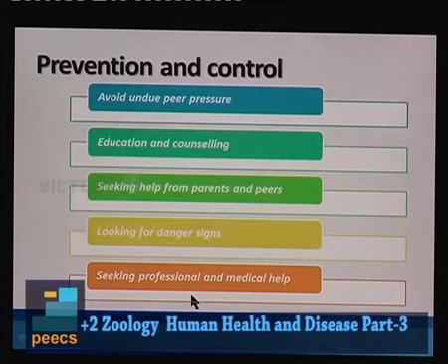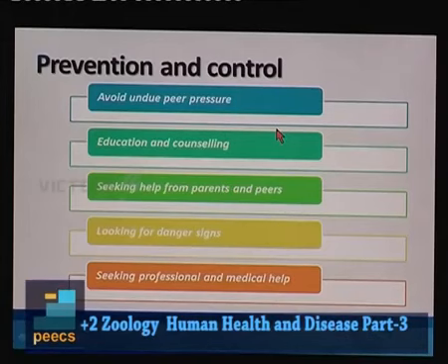Now we are going to the prevention aspect. Here you can see the different ways in which we can control or we can prevent drug or alcohol abuse. First method, avoid undue peer pressure. By this we mean we are not supposed to exert more pressure on a child.